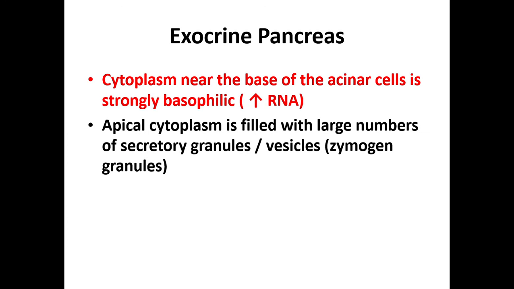The cytoplasm of the exocrine pancreas is strongly basophilic near the base of the acinar cells because of the increased amount of ribonucleic acid, or RNA. In the apical part of the cell, the cytoplasm is filled with large numbers of secretory granules or zymogen granules.